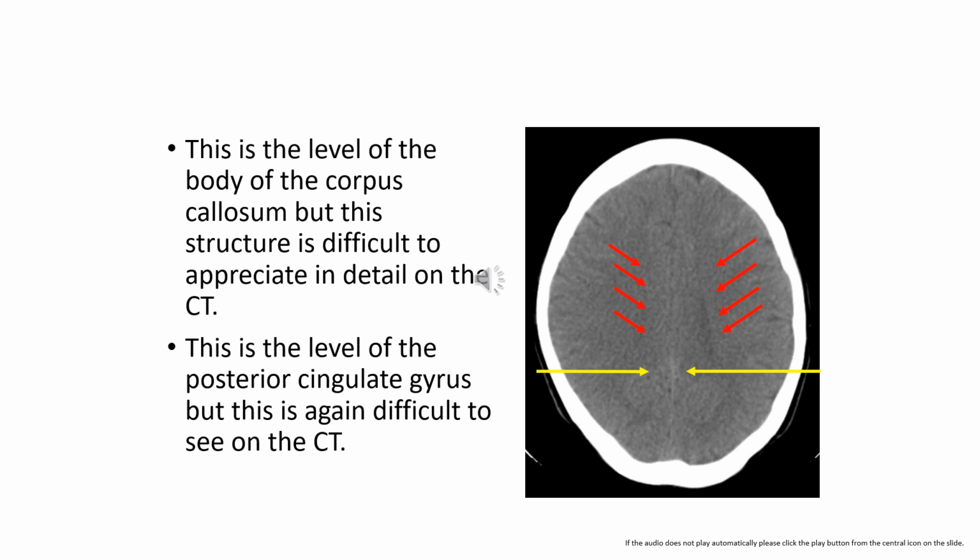Also at this level of the body of the corpus callosum, the very superior aspect of the body of the lateral ventricles, we also see the right and left posterior cingulate gyrus. Again, these are very difficult to see on the CT, but are easily identifiable and appreciated on FDG imaging.